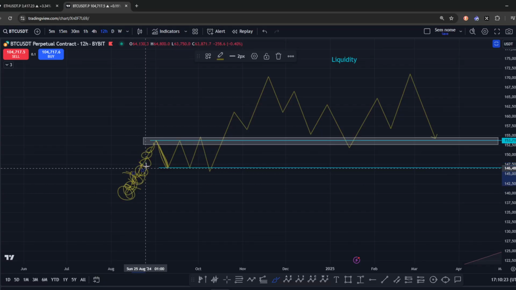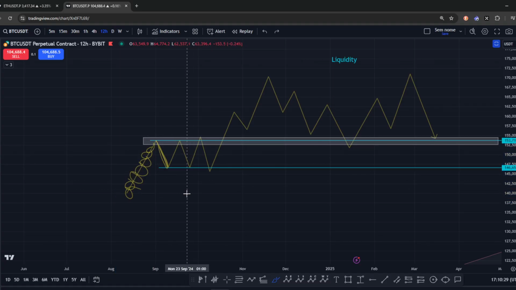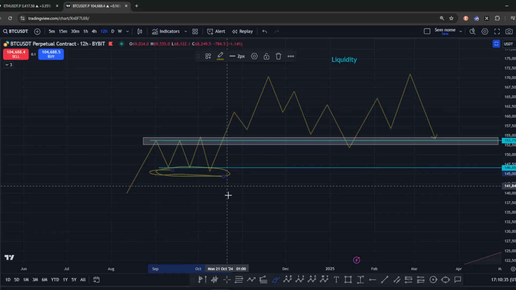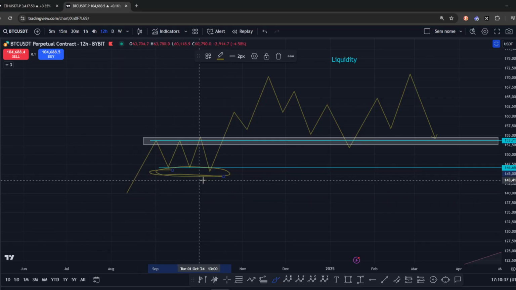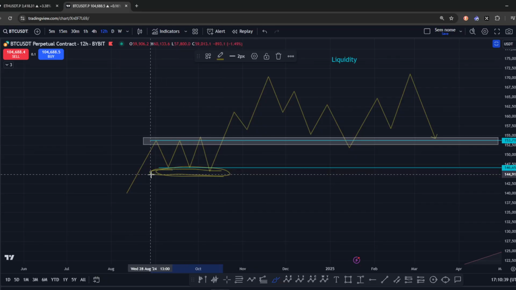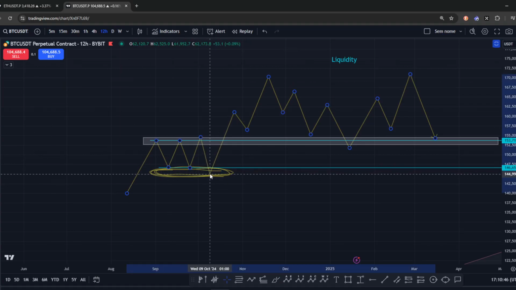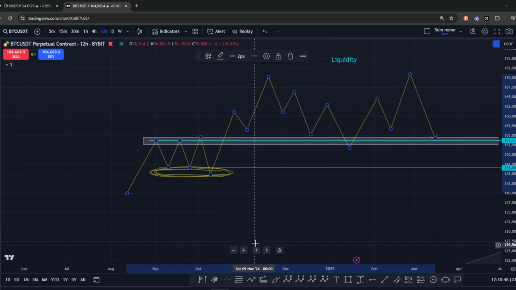All those longers in this area, where are they gonna put their stop loss? Very obviously, they're gonna put their stop loss underneath the forming lows. That's why it will make a liquidity zone for the market to target later on.